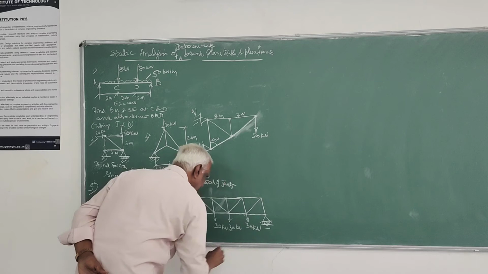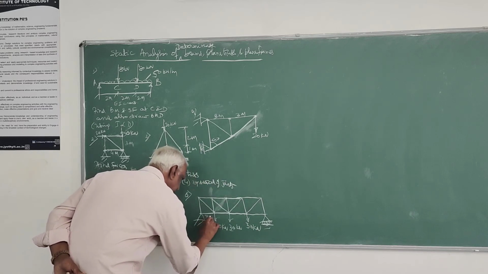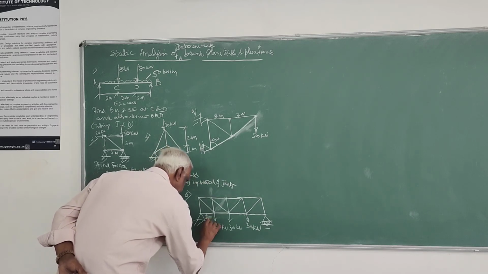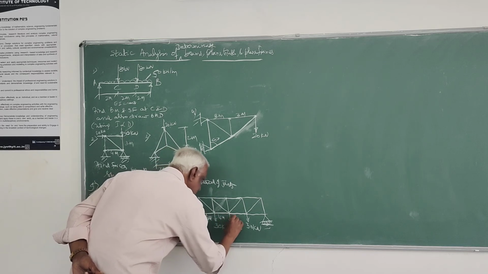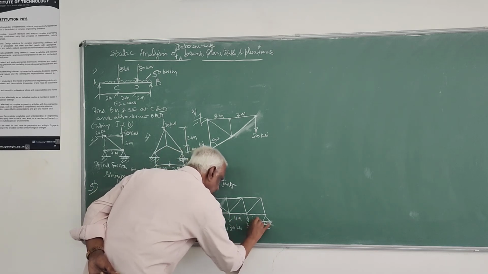Each load is 30 kilonewtons. This panel length, you can take it as 4 meters, 4 meters, 4 meters, 4 meters.